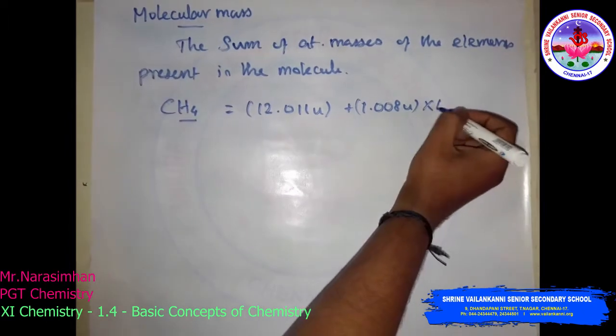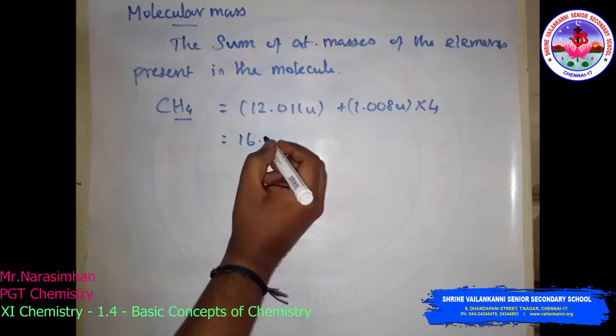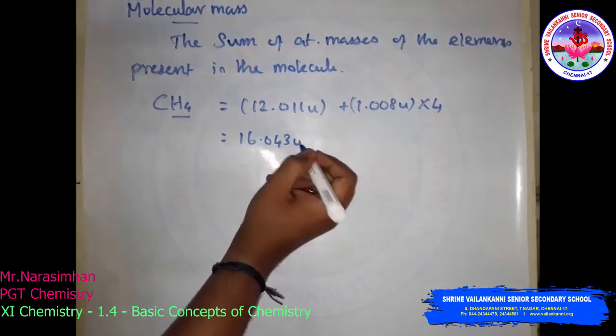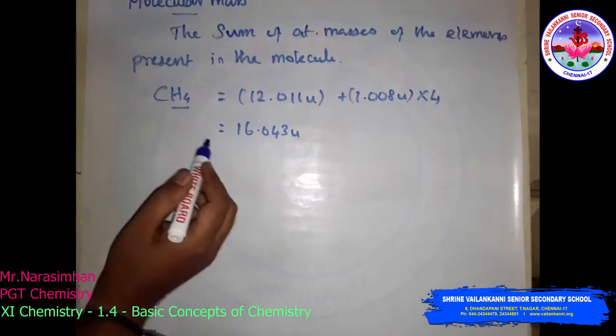So multiplying by 4, you will get 16.043 U. So this is the molecular mass of methane.